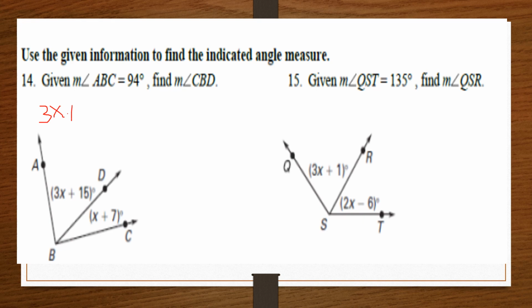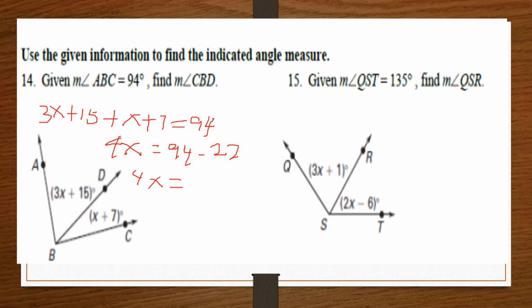By using the equation, we have 3x plus 15 plus x plus 7 equals 94. So 3x plus x is 4x, equals 94 minus 15 plus 7, which is 22. So we need to transfer this 22 here.